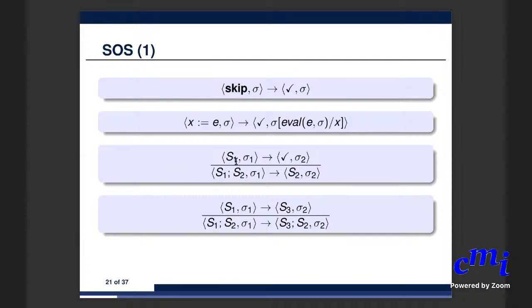What it says is: if executing S1 in environment sigma 1 terminates and yields a final configuration with an updated environment sigma 2, then the result of executing the sequencing of S1 followed by S2 is to apply this inference rule recursively to S2 starting with sigma 2, where sigma 2 is the environment you get after executing S1. That's how you have to interpret this.